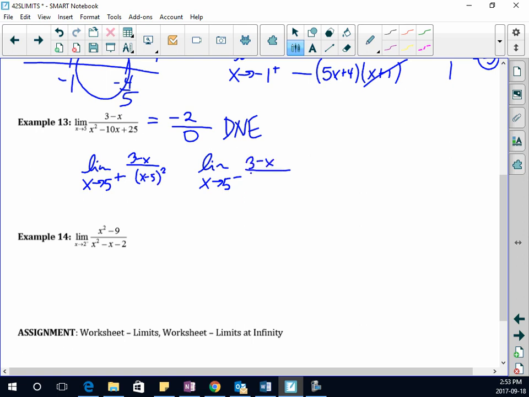You know why I did that, right? All I'm trying to see is the sign. And if something is the whole thing squared, do I really even care about it anymore? It's always going to be positive. So if I take something from the right of 5 and I put it in there, what do I get? Negative. And if I go from the left of 5, what do I get?